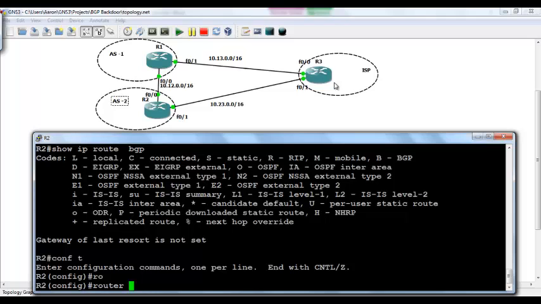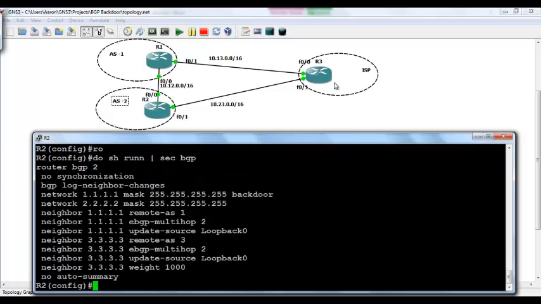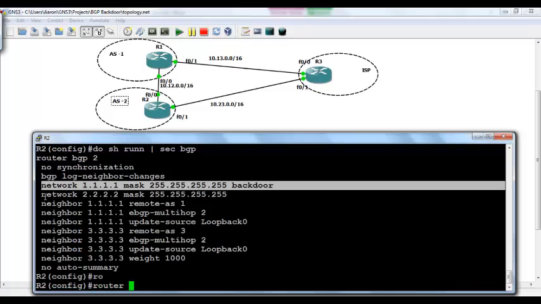If you see here, do show run section BGP. Here also I have put the backdoor command for network 1.1.1.1. If I remove this, then as usual you will see routes going via R3.